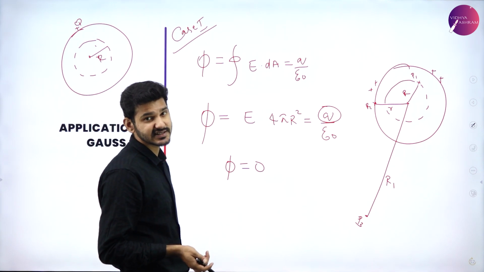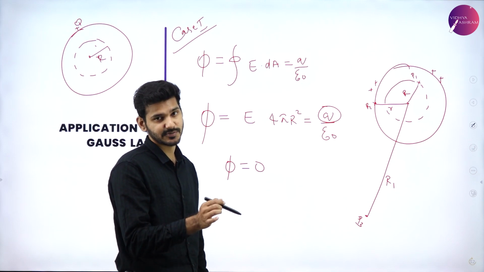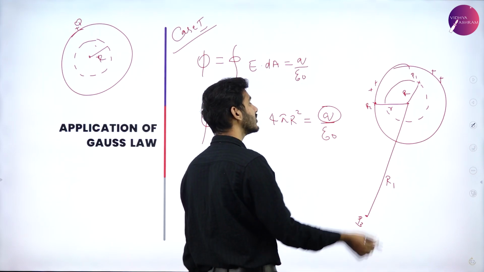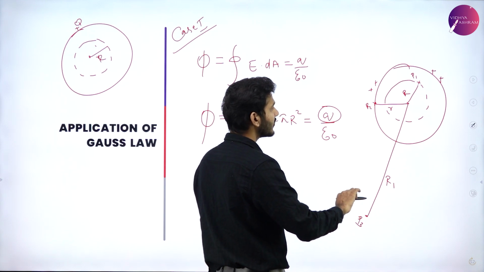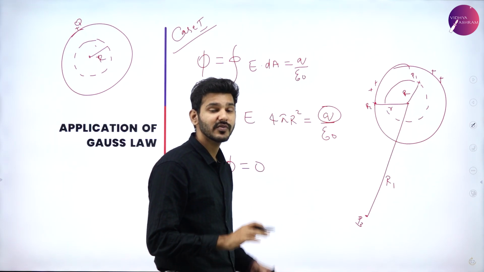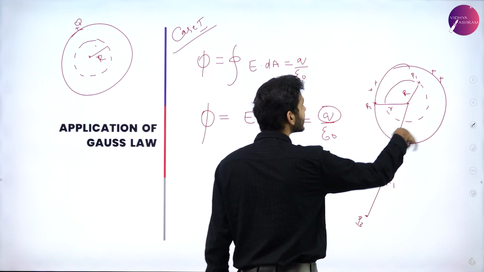It also states that charges do not reside inside empty spaces. As a consequence of Gauss's law, we can say that charges do not reside in empty spaces or within hollow metal spheres. They only reside on the surface.